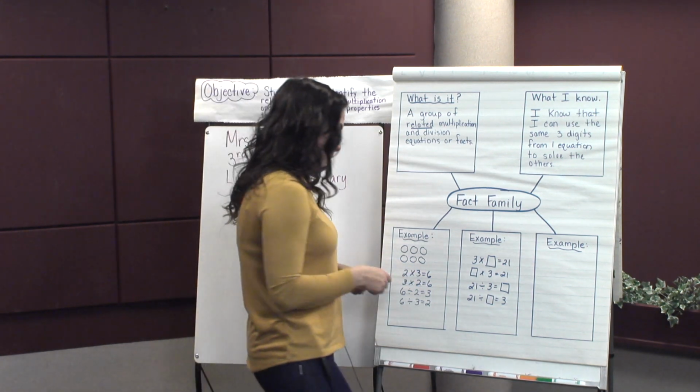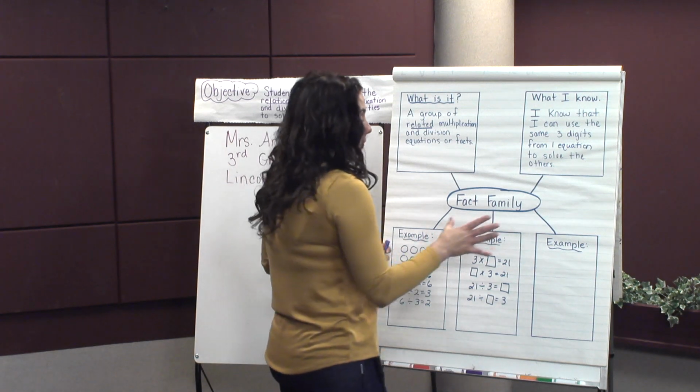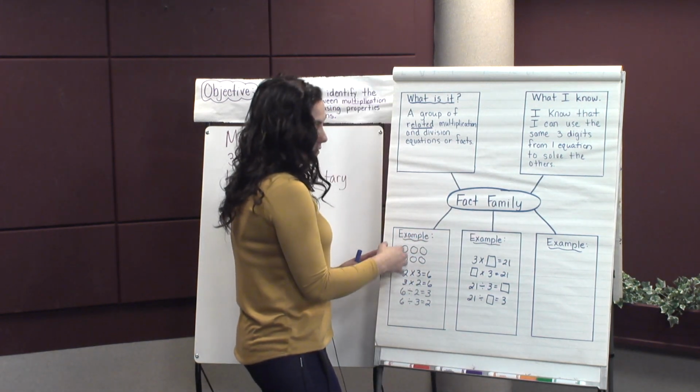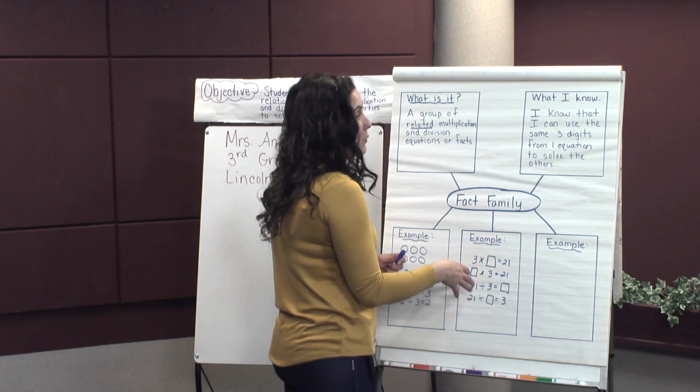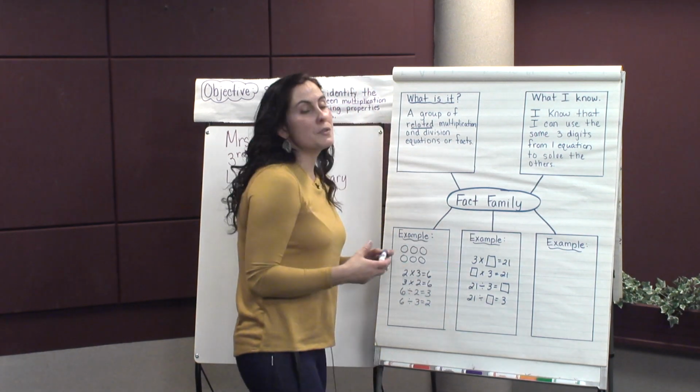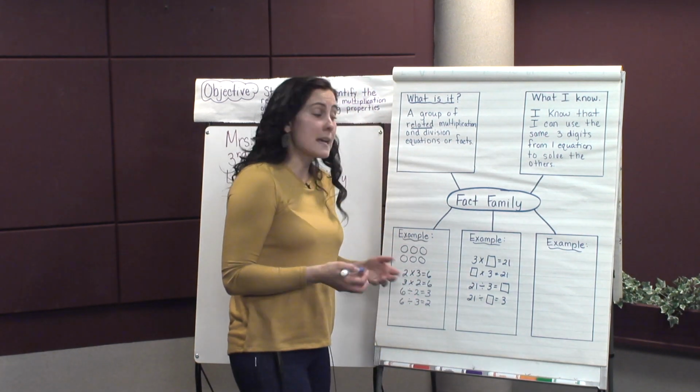The last example that we're going to write down, we've talked about arrays, showing the fact family, showing the missing number, and also that you could write it as a sentence.